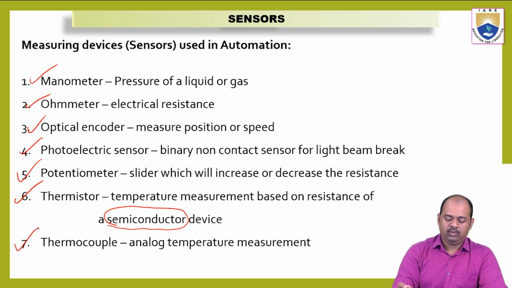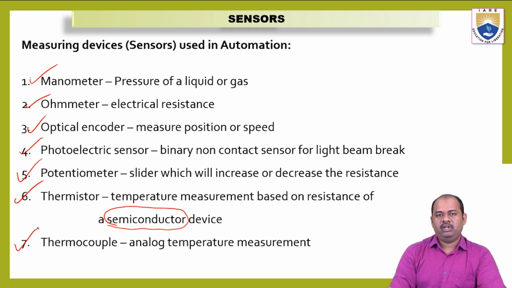And then thermocouple. So thermocouple is a device where we will use two metals, where the elongation of these two metals can be compared and this information is converted into temperature difference. Okay, so in thermocouple we use two metals.